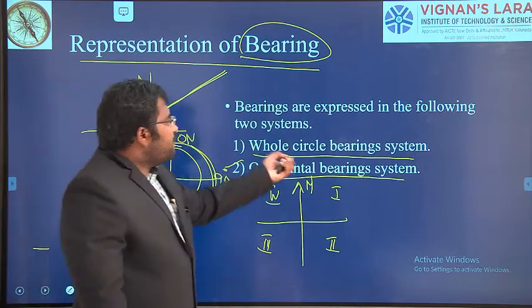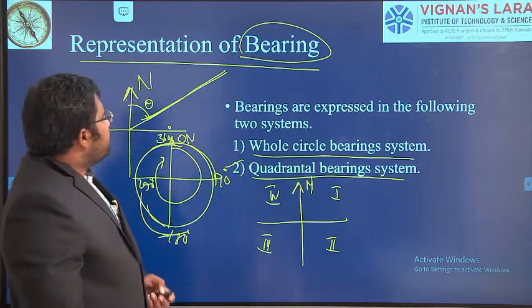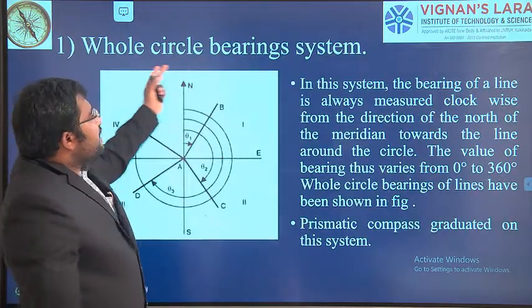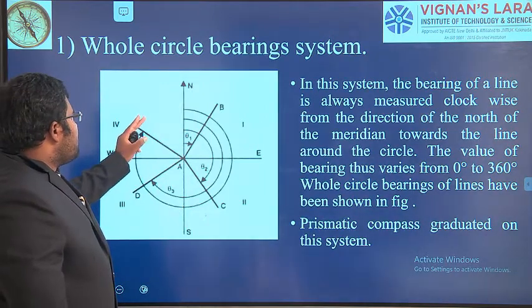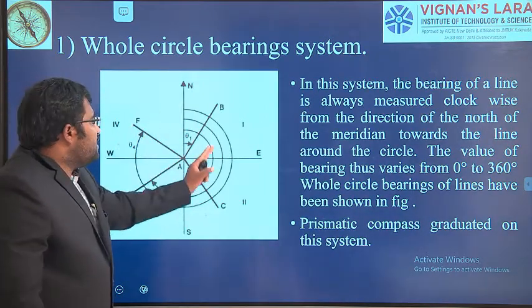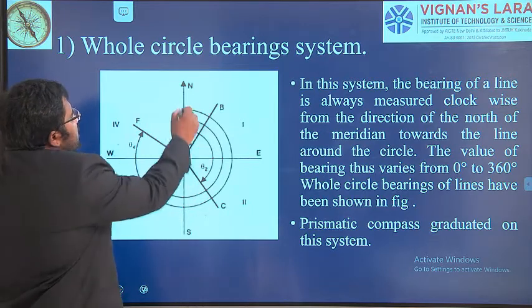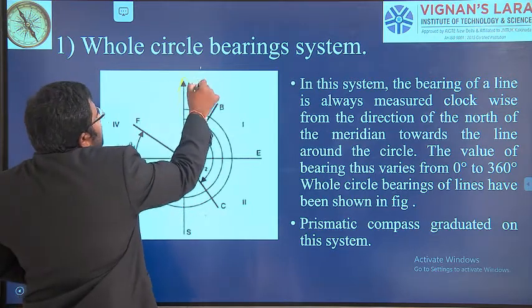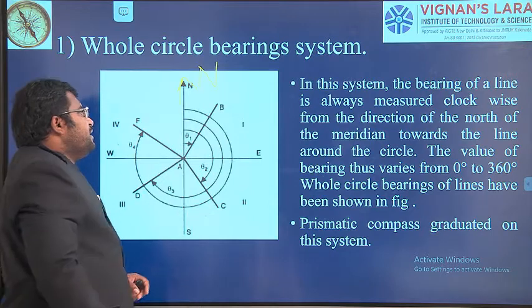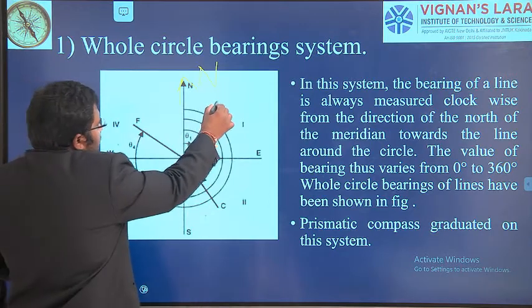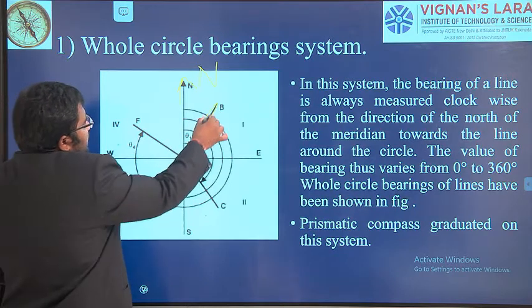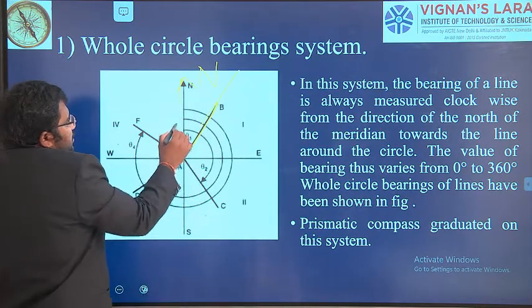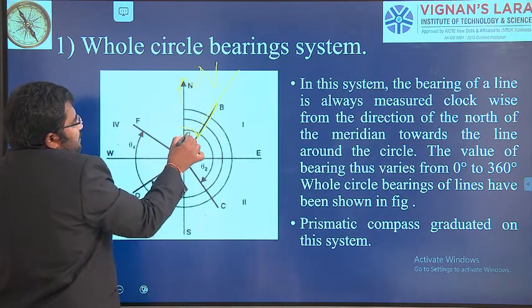We will see the first one, the whole circle bearing system. In this system, the bearing of a line is always measured in the clockwise direction. This is the north direction. With respect to north, I am taking a line B and an angle from north, theta 1.